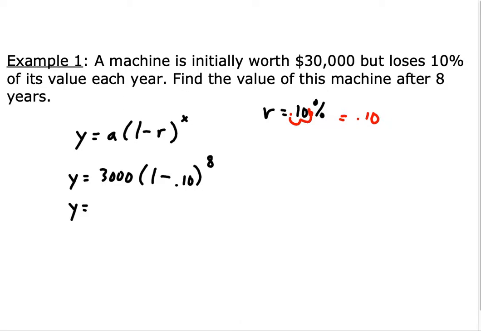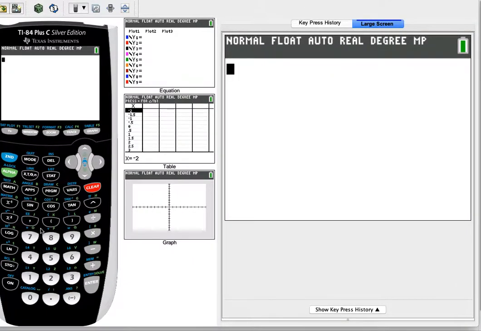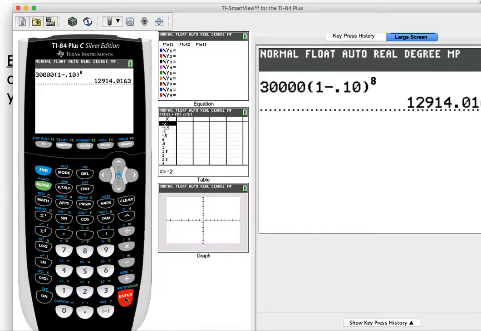So what I would do here is put it directly into my calculator just like that. Let me bring up my calculator here. I'm going to punch in 30,000, and then parentheses 1 minus 0.10, parentheses, caret key, 8, equals.